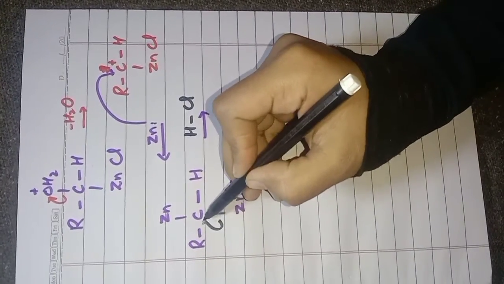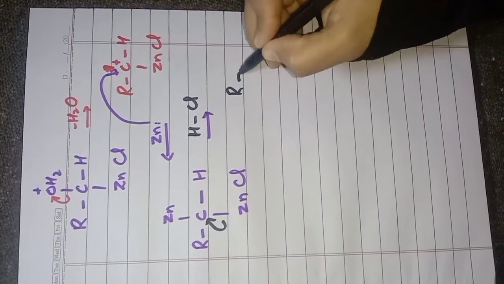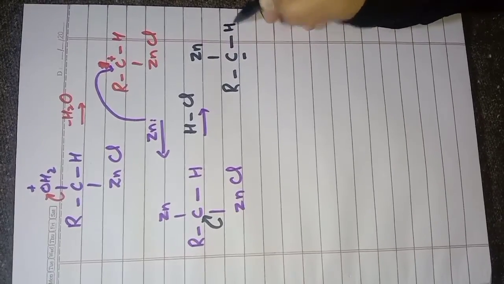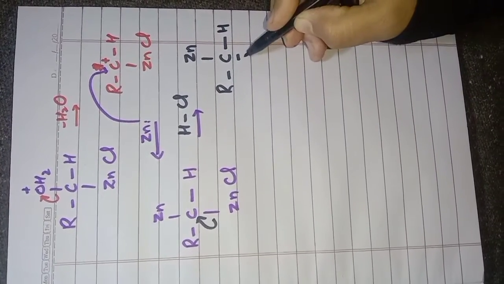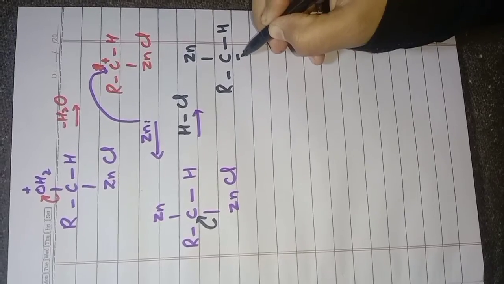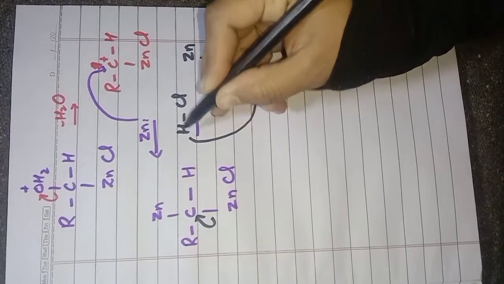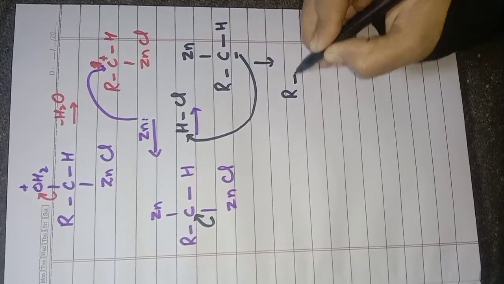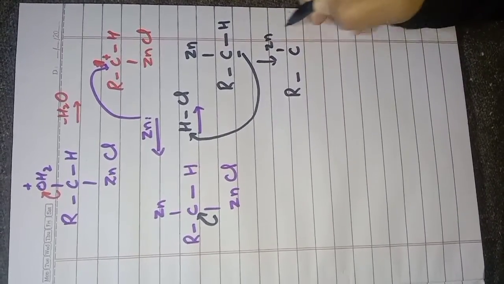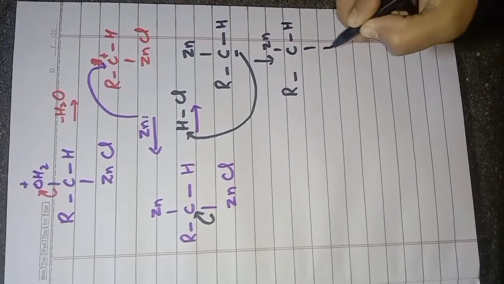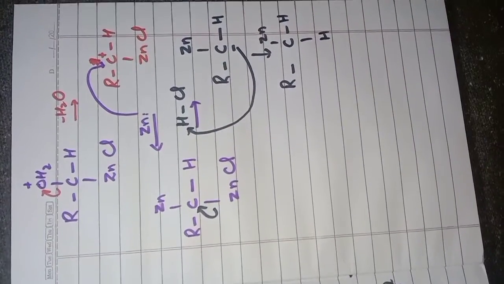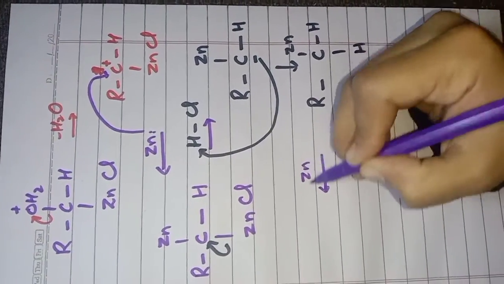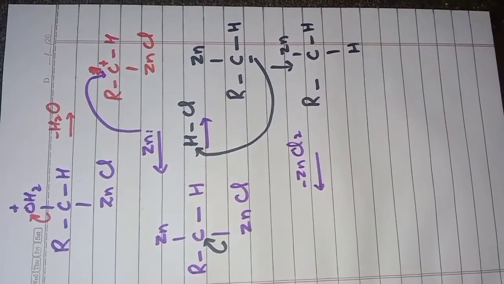This bond will shift over to this carbon and it forms a carbanion. This carbanion will abstract this hydrogen, and the chloride ion will combine with zinc chloride.